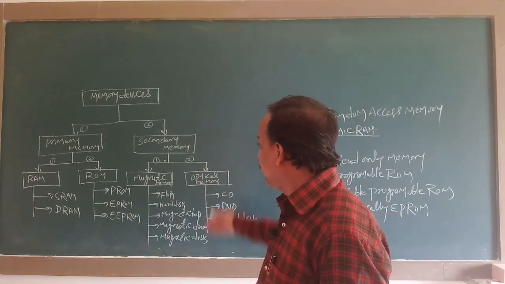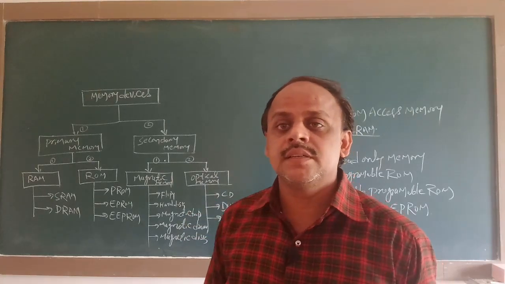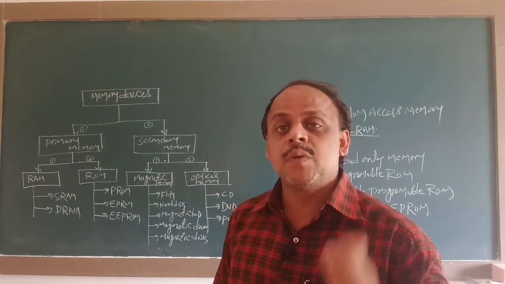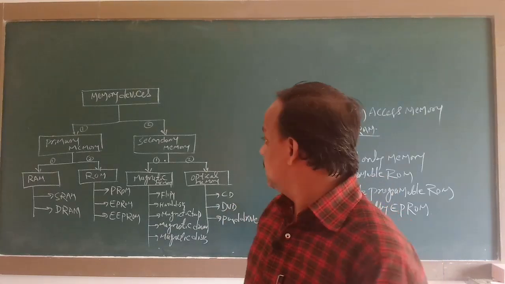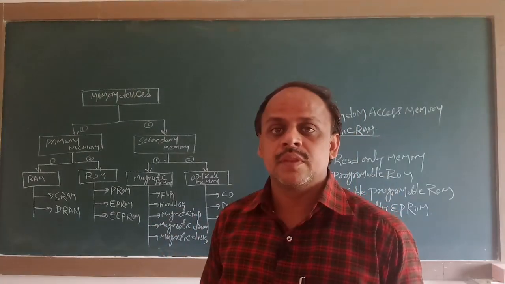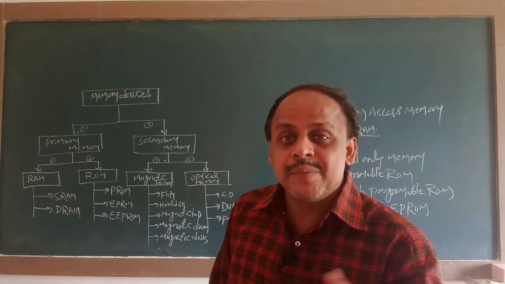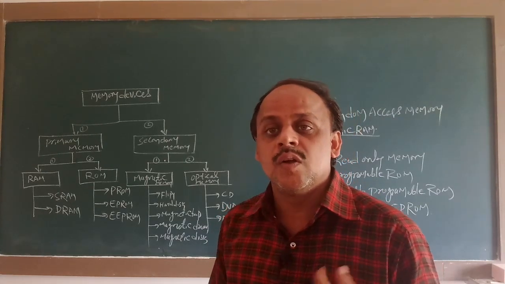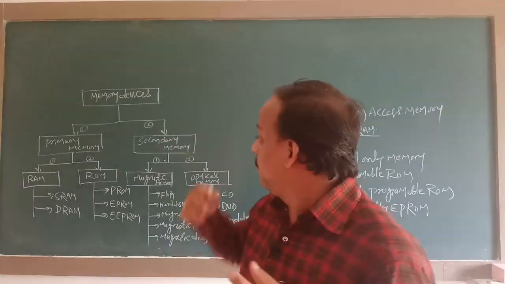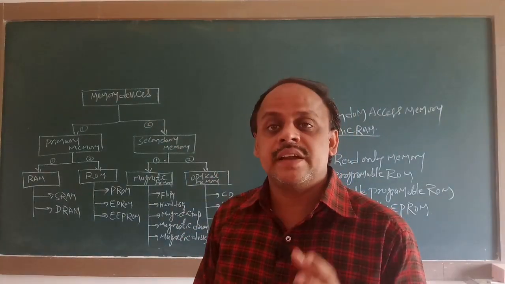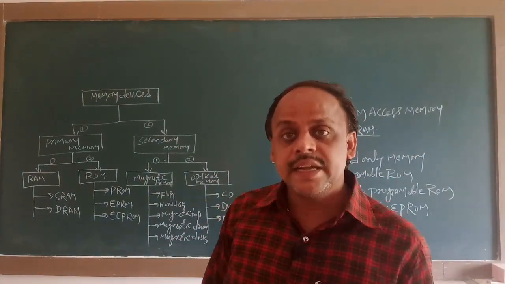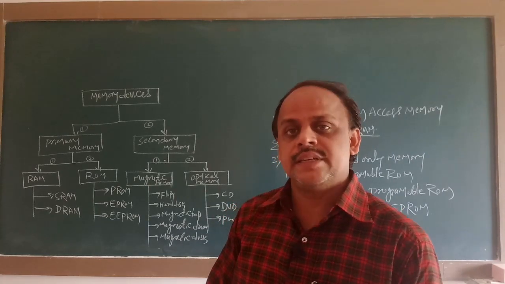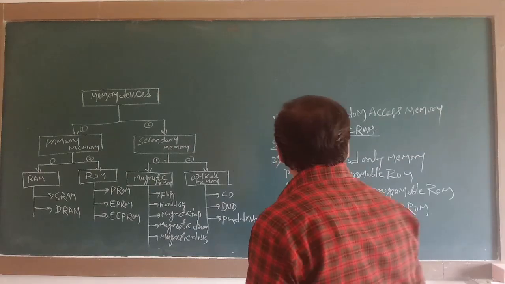Okay. Now we are going to discuss in detail what is primary memory and what is secondary memory, when primary memory devices are helpful, and when secondary memory devices are helpful.